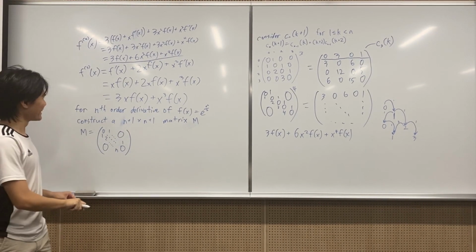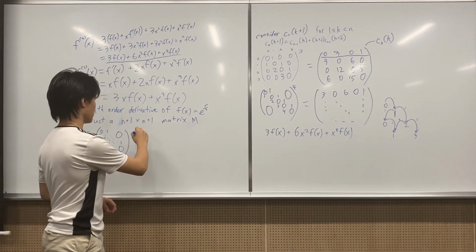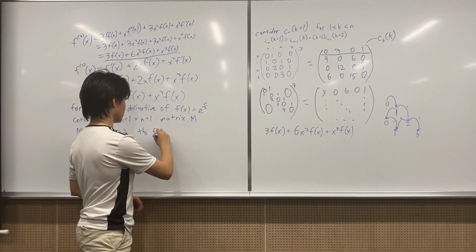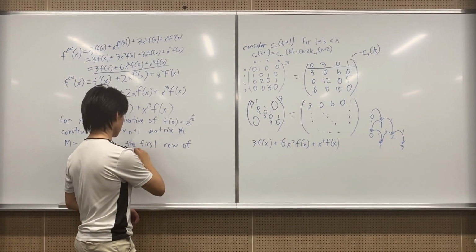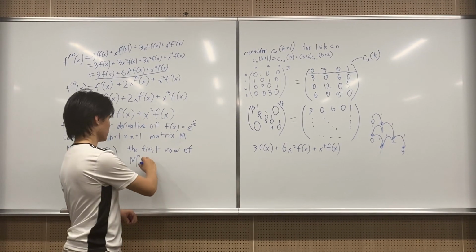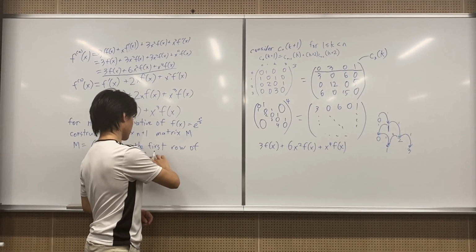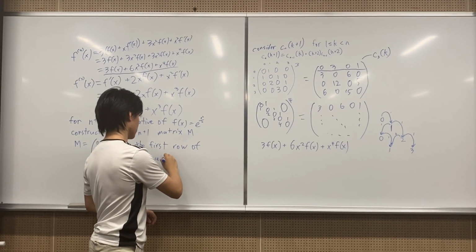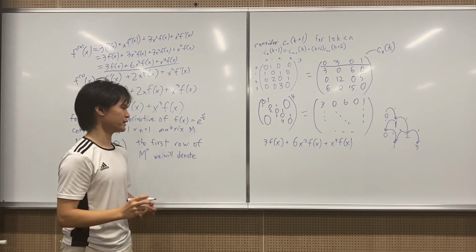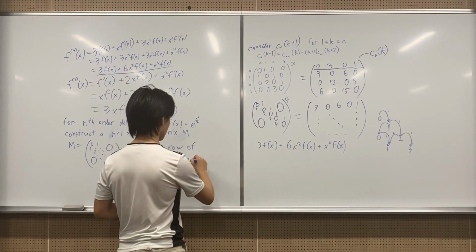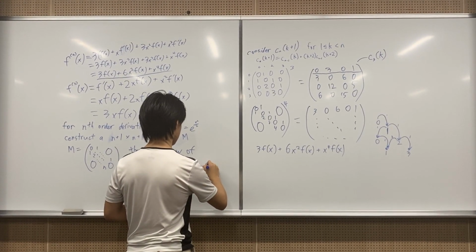Hopefully that is clear. And construct matrix M, and the first row of M to the n we will denote the elements just in order, c0 to cn.